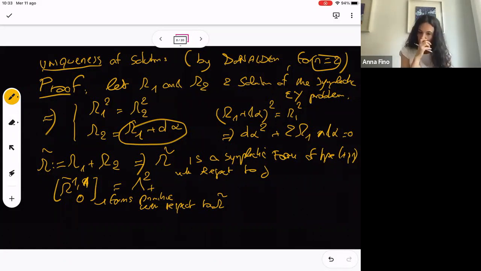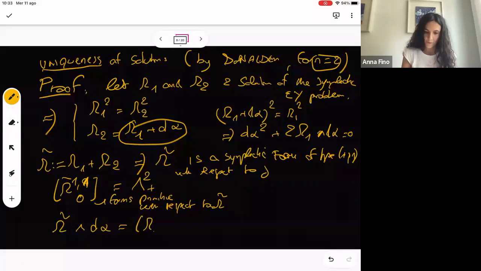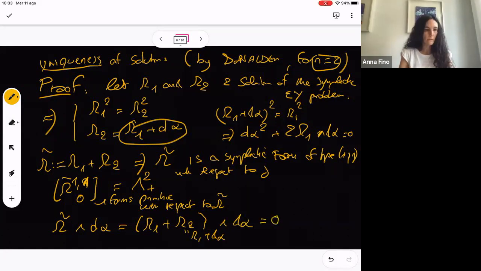If we write down the previous condition in terms of omega tilde, omega tilde wedge d alpha, which is omega 1 plus omega 2 wedge d alpha, where omega 2 is omega 1 plus d alpha, gives exactly 2 omega 1 wedge d alpha plus d alpha wedge d alpha, which is 0 by the previous condition.